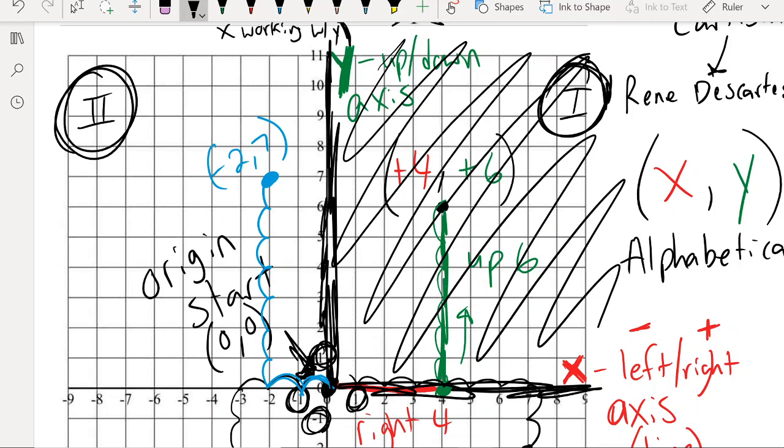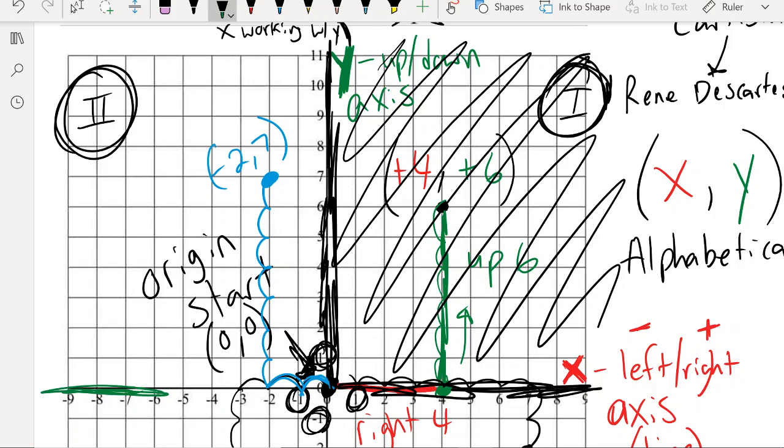It's not just a square. I mean, it's technically kind of a square, kind of a rectangle. I don't know. It goes on infinitely, so it's not really a shape. It just goes on infinitely in the up direction and the right direction. It's really, really big.